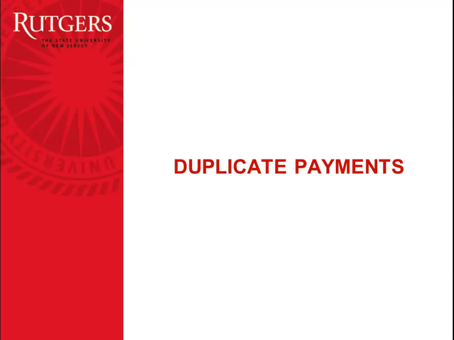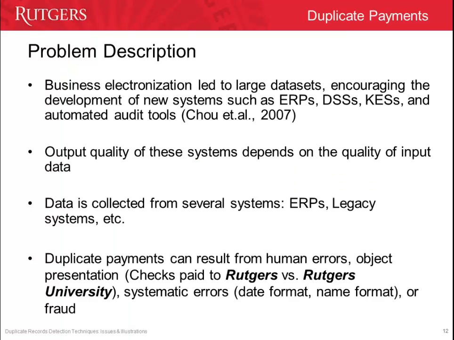Now we are going to talk about one specific case of duplicate records which is of special interest in the business world, and that is the problem of duplicate payments. Due to the change in the nature of businesses and the increased use of information technology, more automation and electronization of businesses led to the generation of large data sets.